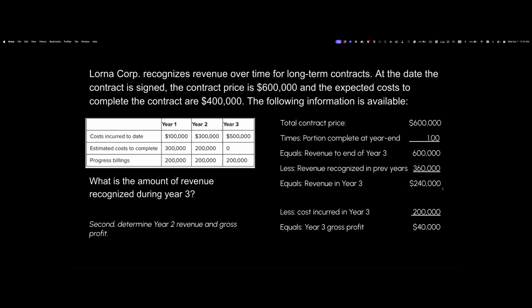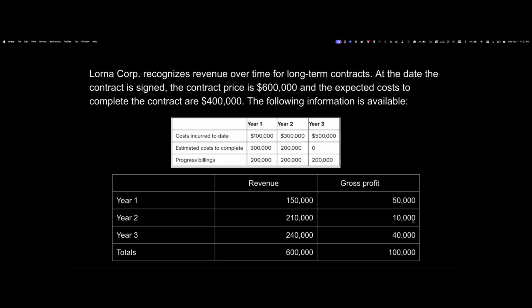Therefore, we subtract that from the contract price and get 240,000. Minus the cost that was incurred, that is, we had 500,000 by the end of year three, minus what we had incurred by the end of year two of 300, we have an additional cost of 200, and our gross profit is 40,000.